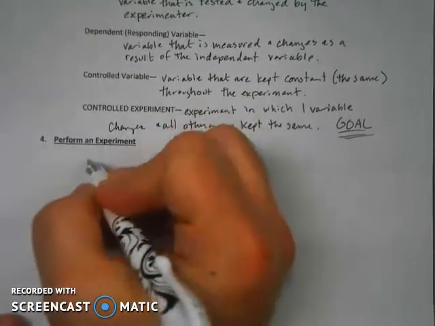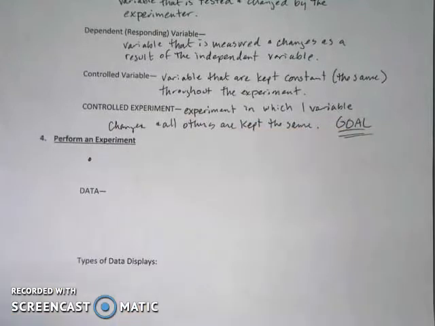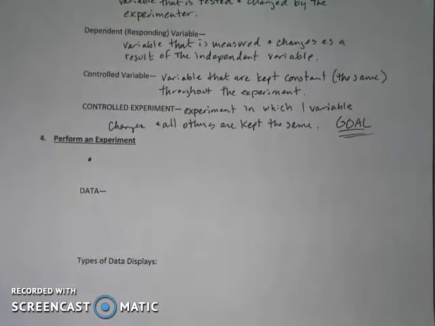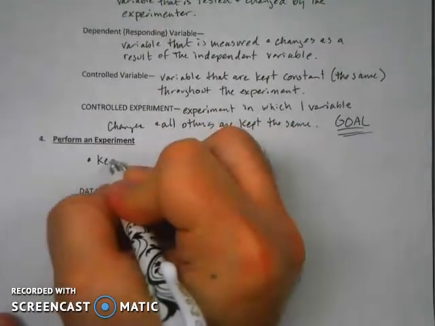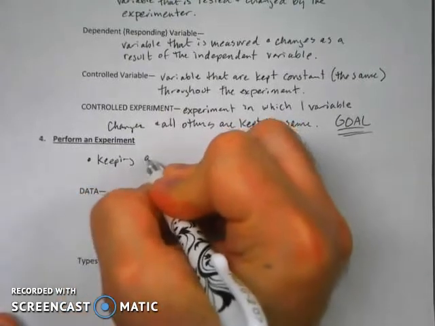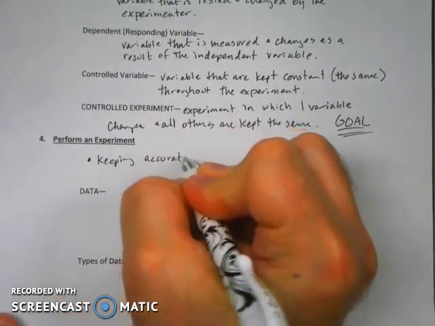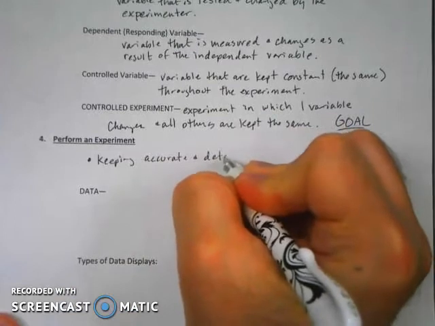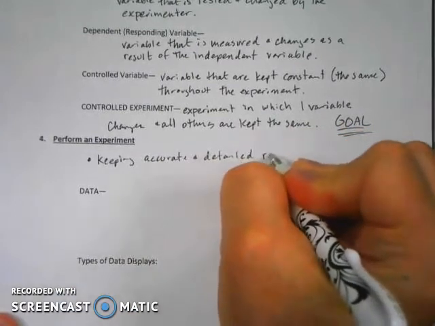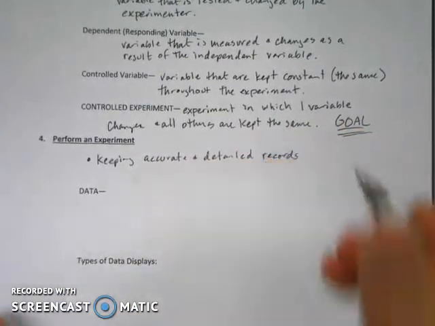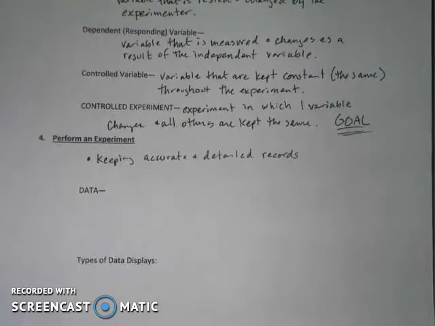And the key to performing an experiment, other than actually doing what is called for in a procedure, is keeping accurate and detailed records of everything. So that is going to include writing down observations. What did you see? What did you hear or smell during this experiment?